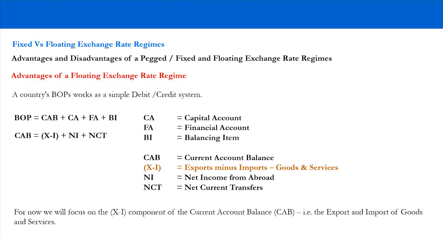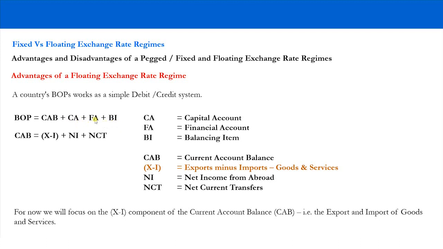The balance of payments is also made up of the capital account, the financial account, and the balancing item. And it's the sum of all these parts. So the balance of payments is the sum of the current account balance, the capital account, the financial account, and the balancing item.